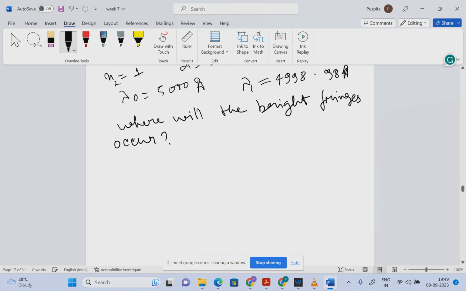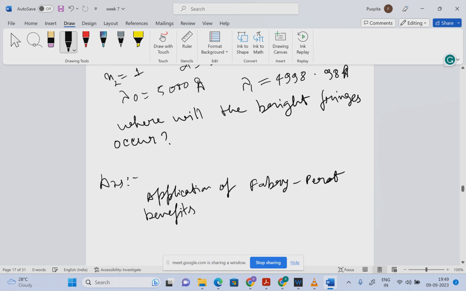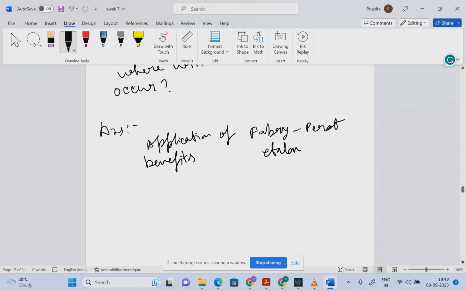So, the most interesting application, or benefits, of the Fabry-Perot etalon is this. It has nothing to do with longitudinal modes and all those things, but as we have discussed the Fabry-Perot etalon, it is all in the optics to resolve two wavelengths.